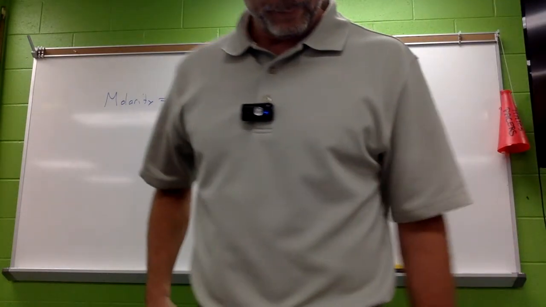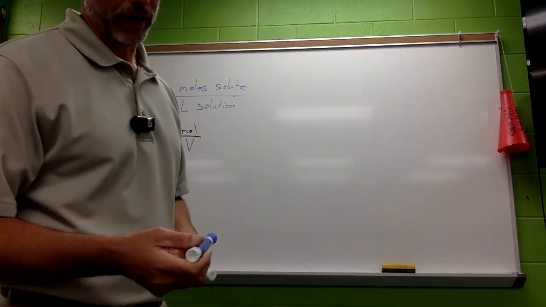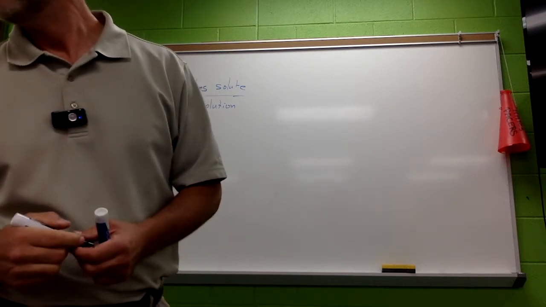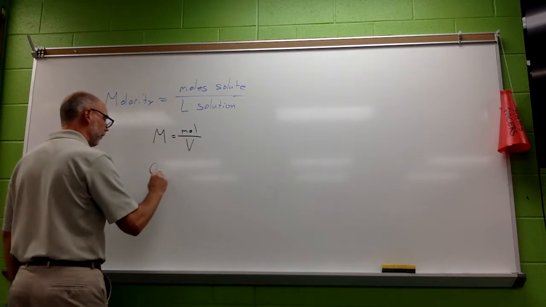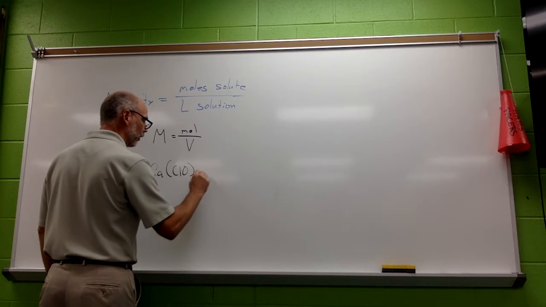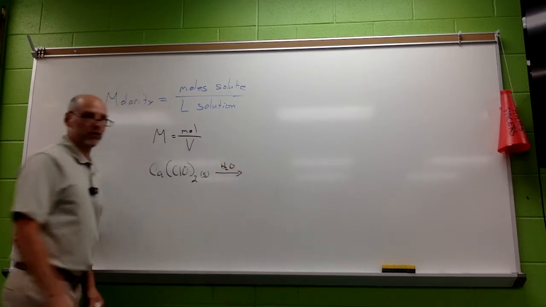All right. So anyway, calcium, what is the name of that substance, by the way? Ooh, very good. Calcium hypochlorite. And being an ionic compound, if we're going to put that in water, what is it going to do?